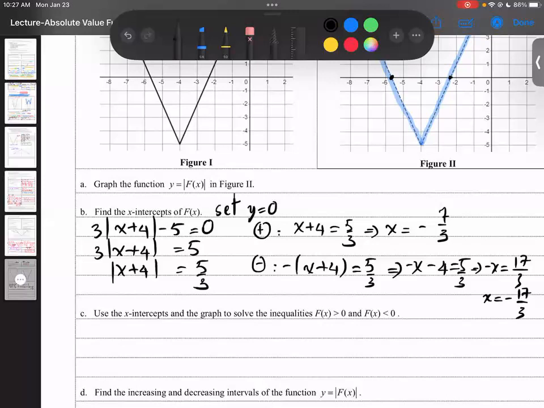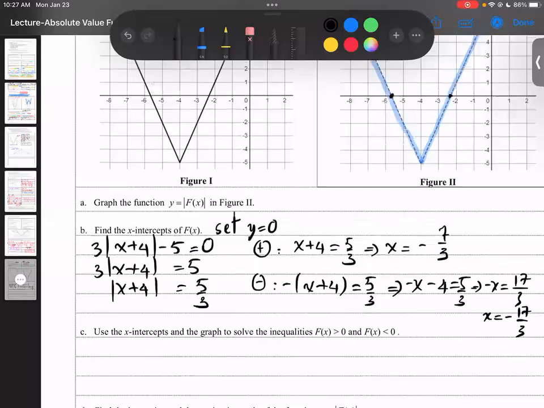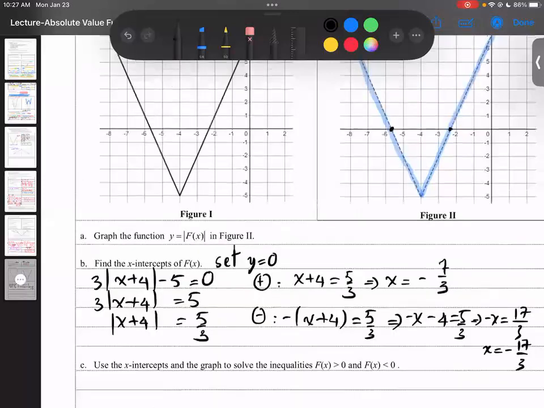Which one's smaller? Negative 17 over 3 is smaller, so this is negative 17 over 3, and this is negative 7 over 3, of course, comma 0, comma 0.